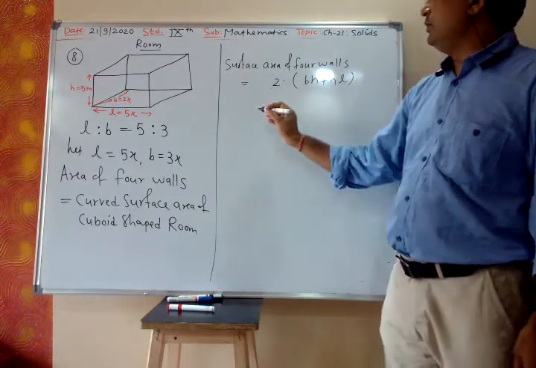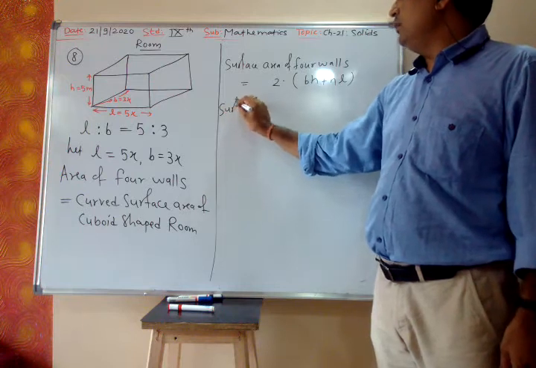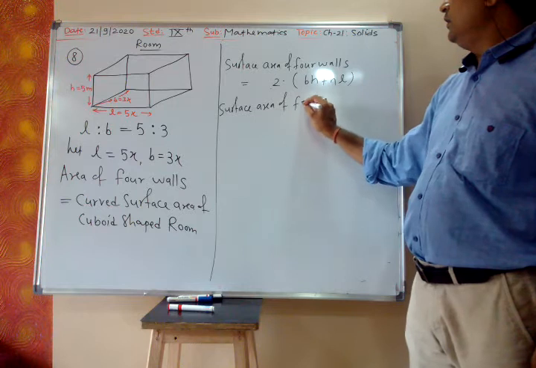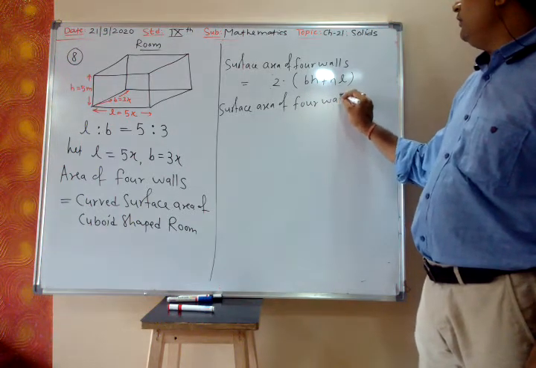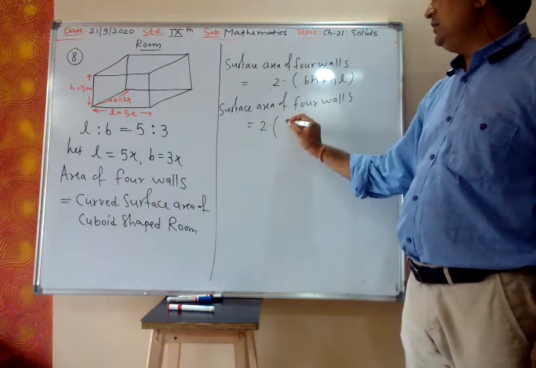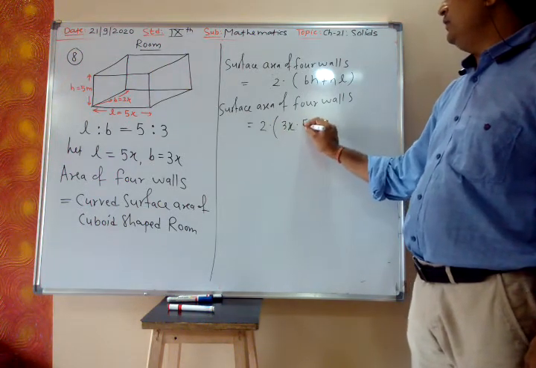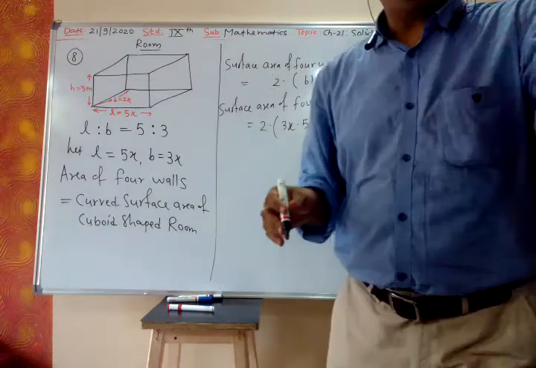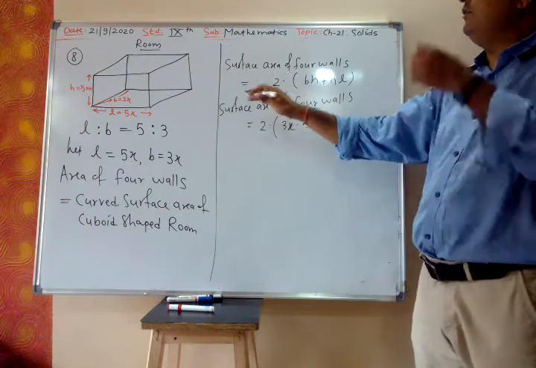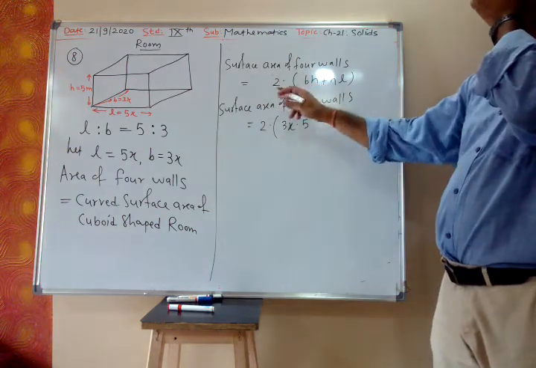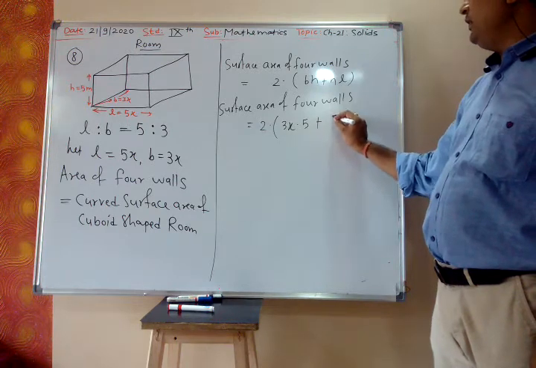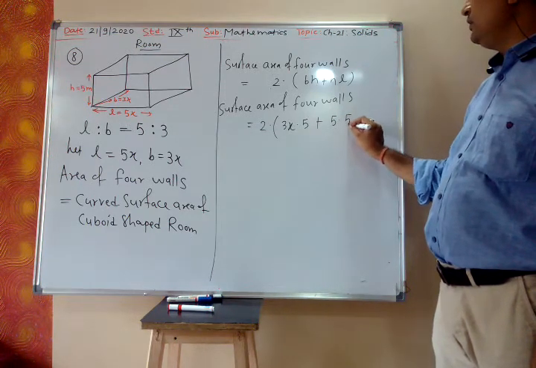Now we put the value. Surface area of 4 walls. Now we put the value and simplify. That is 2 into BH. B is 3x into H. We'll see further. First we find out the surface area of 4 walls. So B is 3x into H is 5, plus H is 5 into L is 5x.